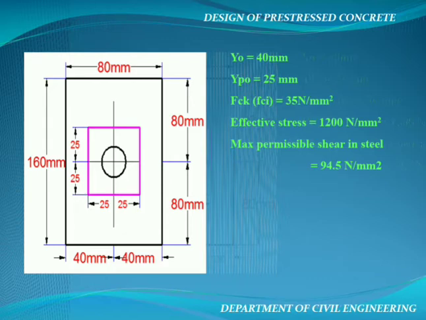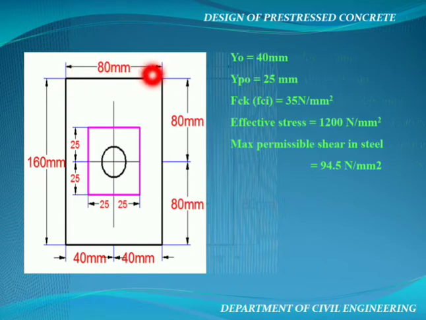Now, why we should take the value of y0 as 40? It is because we have to compare two sides. One is the width, second is the depth. The one side will be equal to 2 times y0. Either we have to take 80 mm side or 160 mm side. Now which side we have to choose is the smallest.